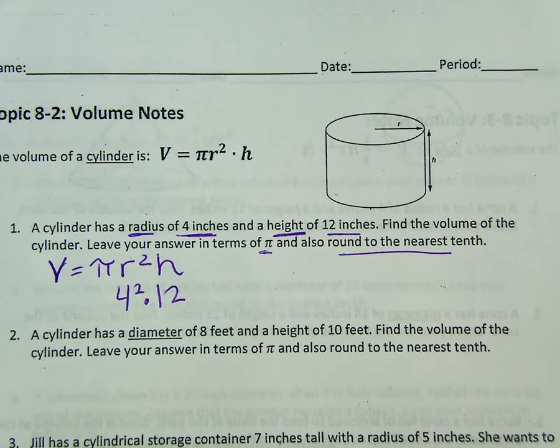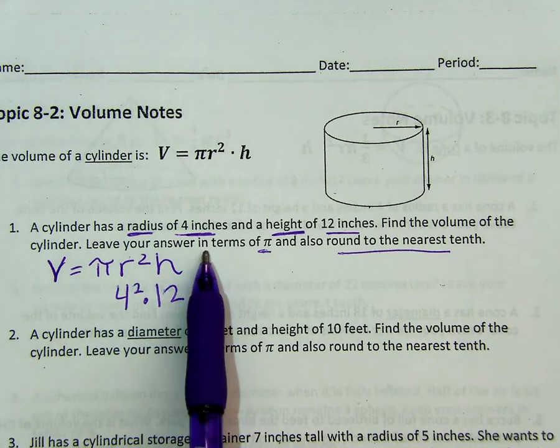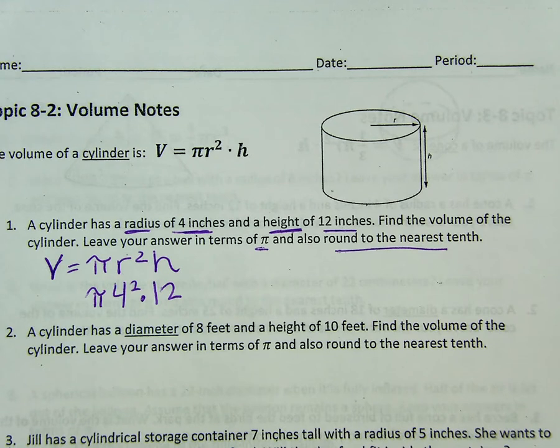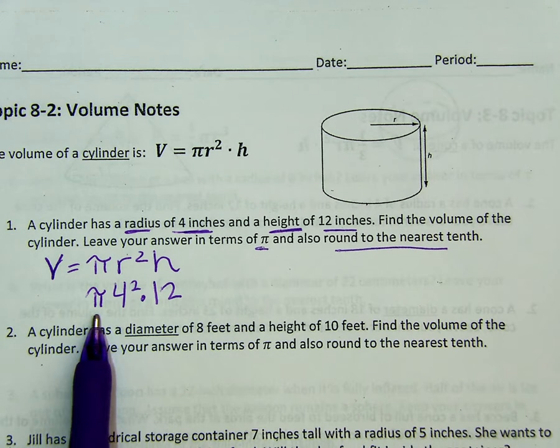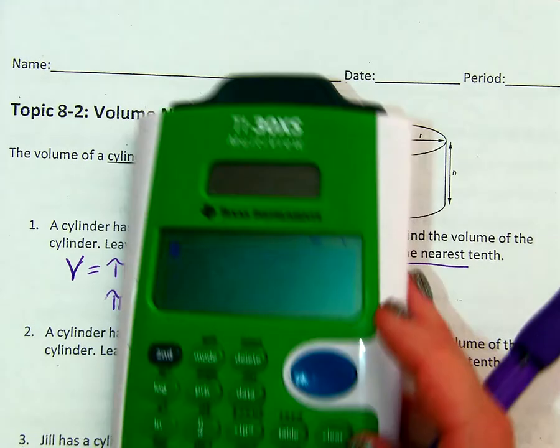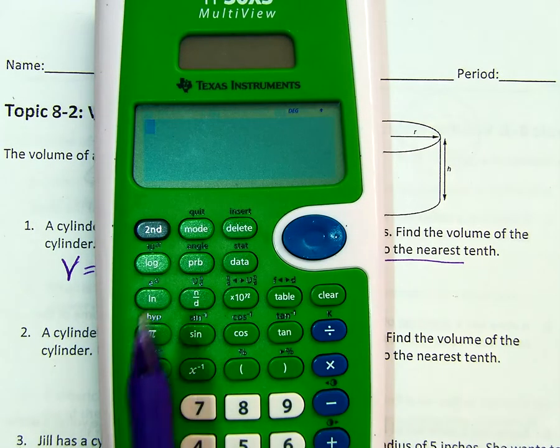Now the first part says leave your answer in terms of pi. That means we're just going to write pi. We're not doing anything else with the pi. You're going to pick up your calculators. You're going to type in pi on your calculator, and I'll show you where that is right now. If we look at our calculators, we have a pi symbol right here.